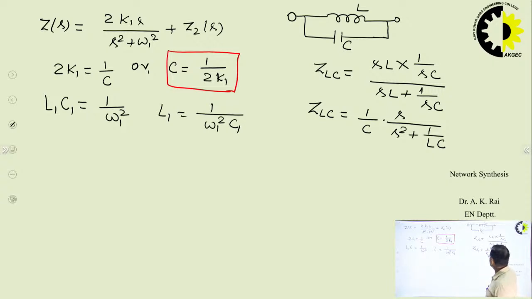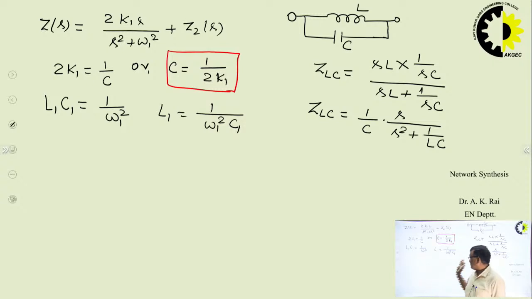Just look at this one. To make it clear, draw the LC in parallel, find the equivalent impedance and compare with this. So, this is C1 and this is L1. This way we can find the value of L and C.